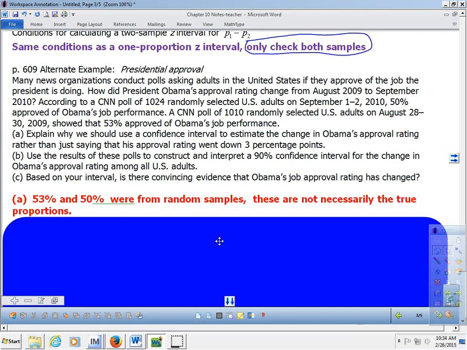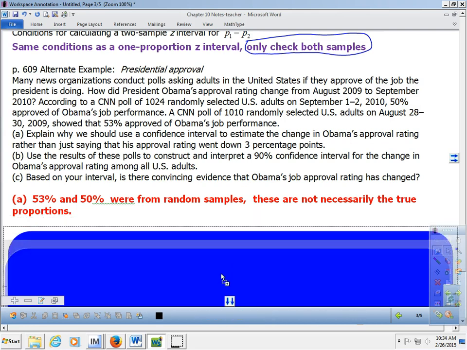So these are not necessarily the true proportions, 53 and 50. Okay, they could be further apart. They could be closer together. The 2009 approval rating could be higher than the 2010, depending on who was sampled and who you talked to. So that's why we need to use a confidence interval. A confidence interval should give us a better idea of the difference in these two, right?